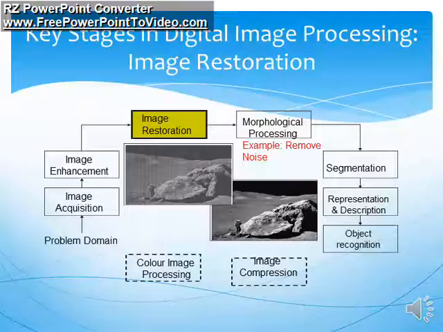Lots of filtering techniques are generally used as image restoration processes. Here we can see some portions were missing in the image that can easily be retrieved from the original image to the output image. So we can say that image restoration is a very important key stage in digital image processing technique.